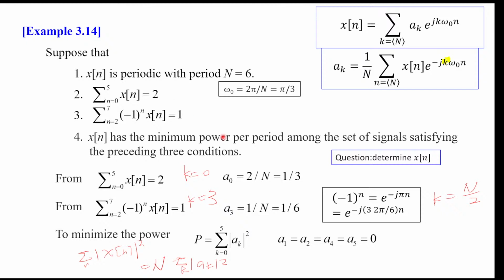So this is 2. Now this 2 can help us calculate a_0, because a_0 will be this summation over N, so this 2 divided by N, and we know N equals 6. So this condition exactly tells us that a_0 equals 1/3.